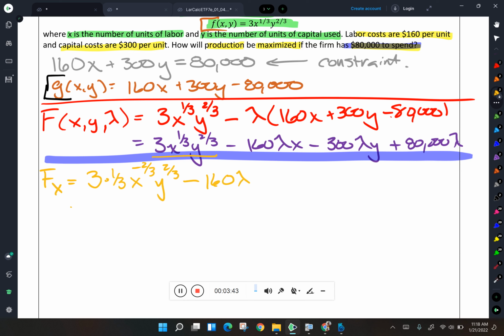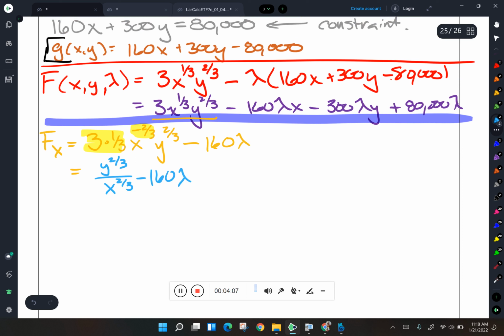Now I'm going to clean that up a little bit because that 3 and that 1/3 are going to cancel each other, and that negative exponent really means that goes into the denominator. So I'm going to see that as y to the 2/3 divided by x to the 2/3 minus 160 lambda.